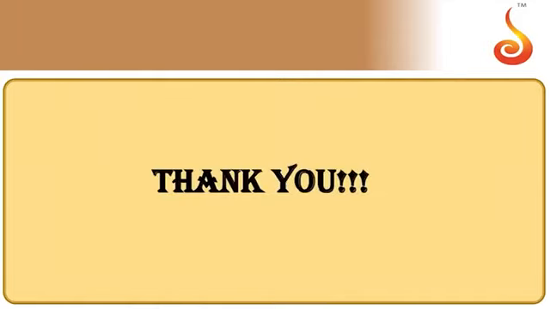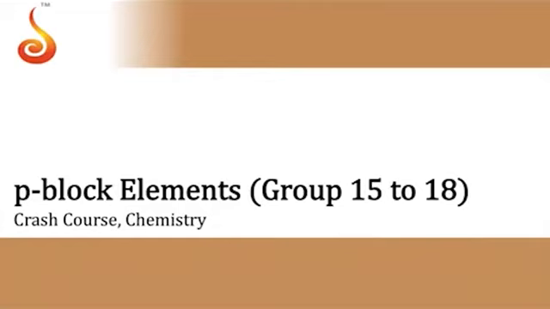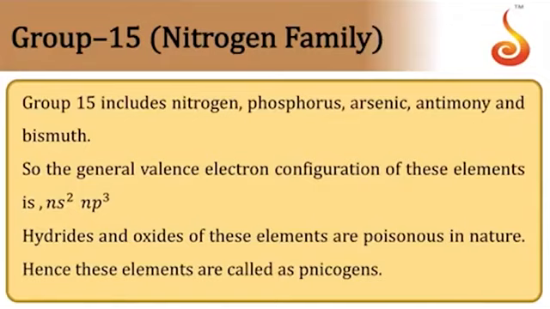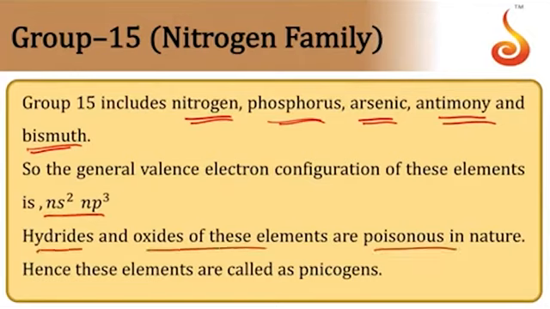Today we will discuss the properties of p block elements and their compounds. Let us begin with the 15th group elements. The 15th group elements include nitrogen, phosphorus, arsenic, antimony and bismuth, and their general configuration is ns2 np3. The hydrides and oxides of these elements are poisonous in nature, hence these elements are called pnictogens.